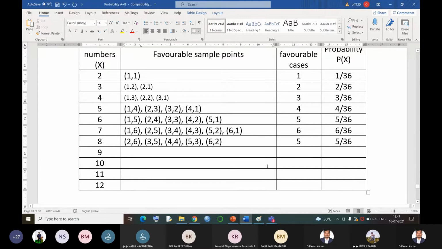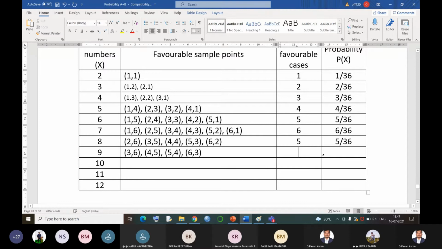Next, the favorable number of cases of getting sum 9. It might be lengthy, but each and every step will lead us to the perfect answer. Now, the first combination will start from 3 comma 6, next 4 comma 5, next 5 comma 4, and 6 comma 3.